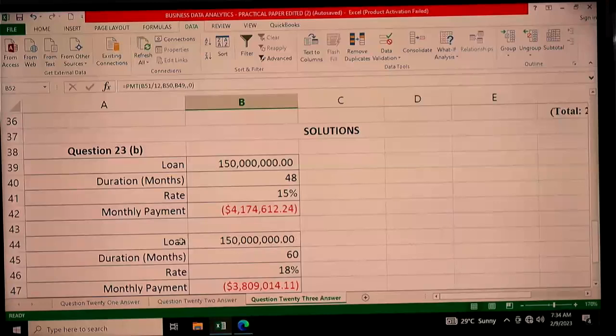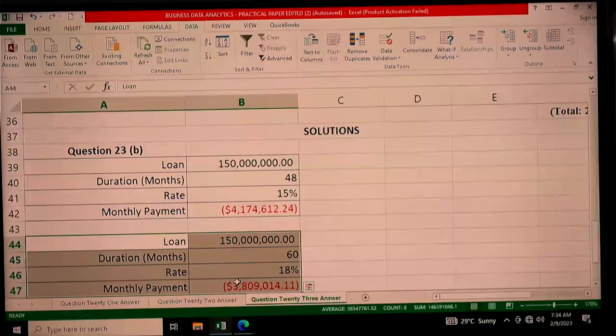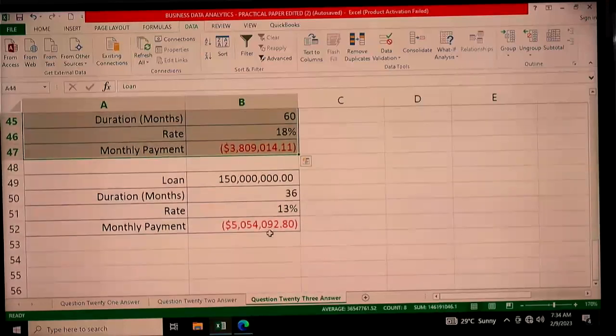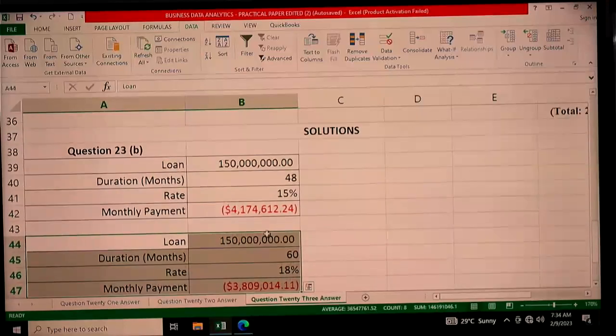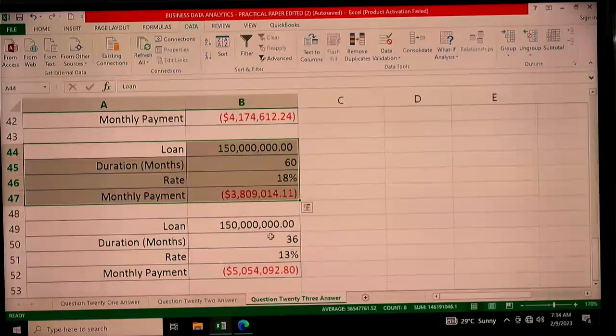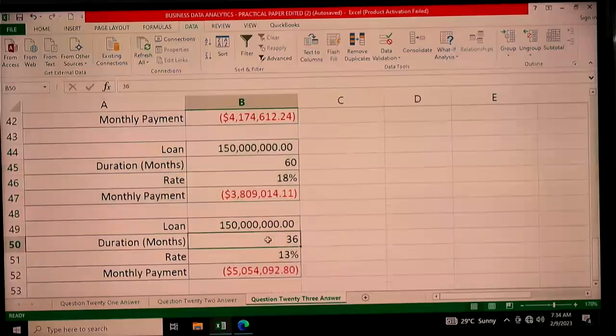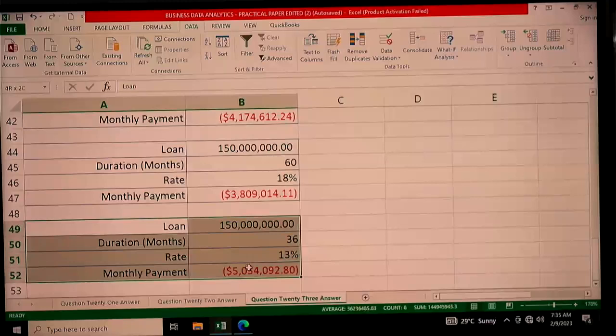So meaning that where the duration is long, then the interest will be very high. That means that will not be favorable for an investor. Then you check for this loan where the duration is the lowest, and that is 36 months. Here you pay the least interest.